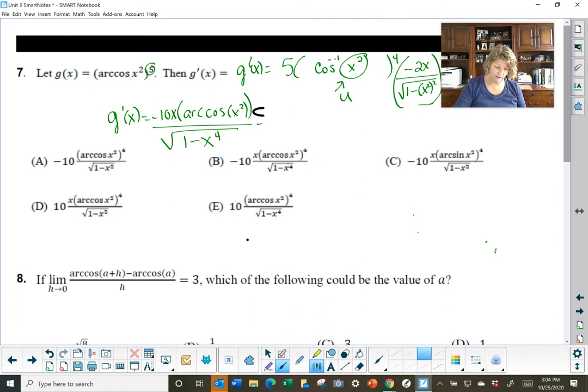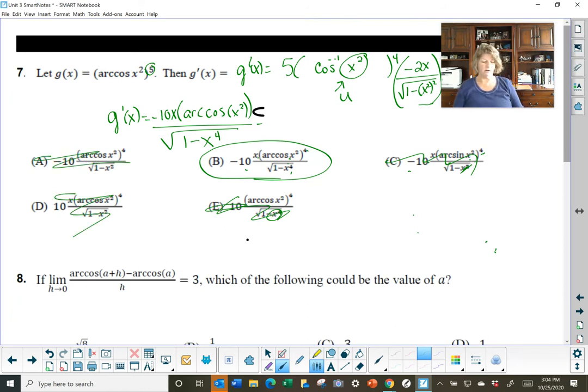Did we hit something good? Negative 10x arc cosine x squared to the 4th. Oh, the x squared doesn't work in my book. This is the x to the 4th that we need, but it's not negative, so it's not this, it's not this. Negative 10x arc cosine to the 4th over the square root of 1 minus x to the 4th. I think we're right there. This didn't have an x. This didn't have a negative. Okay, I'm loving B.